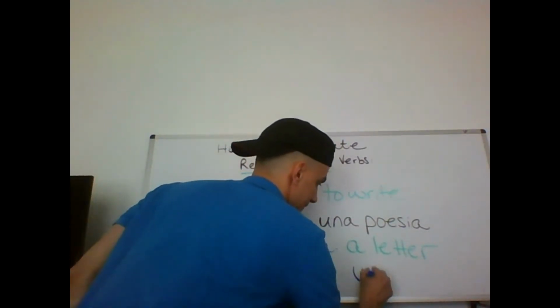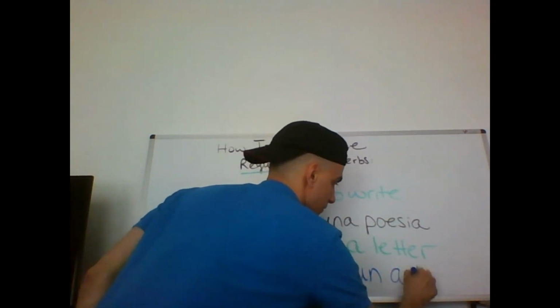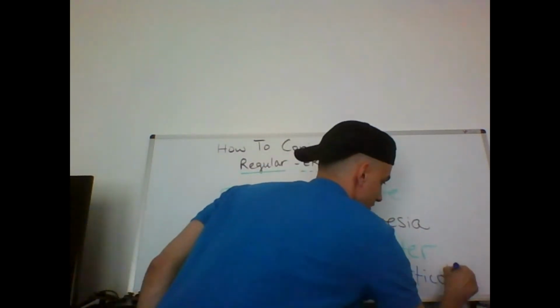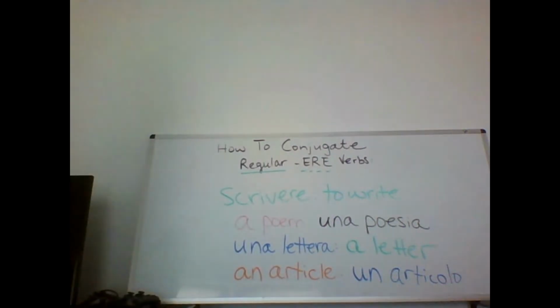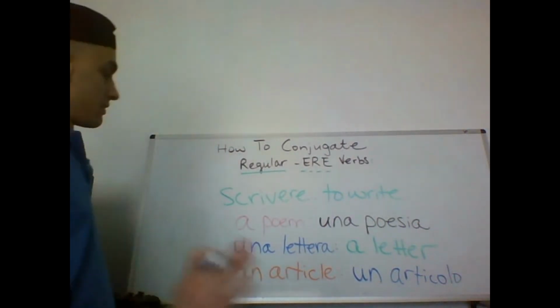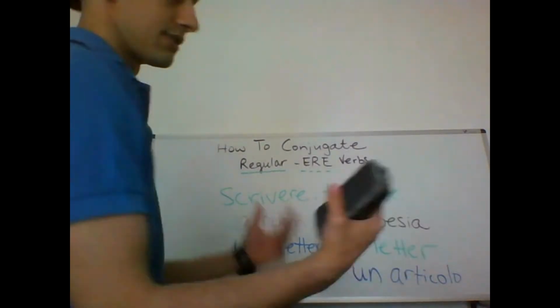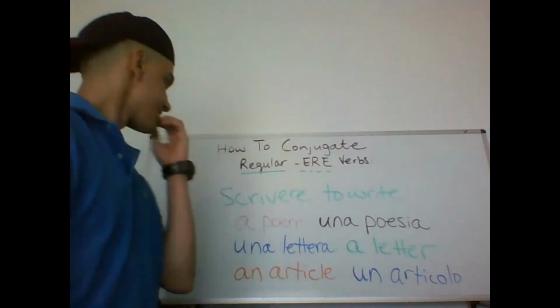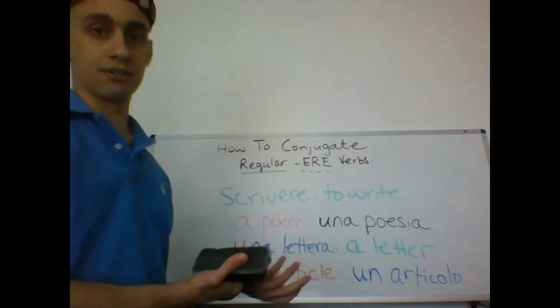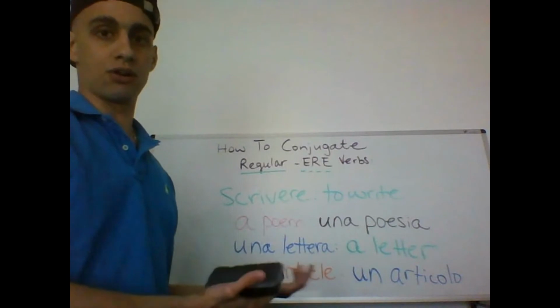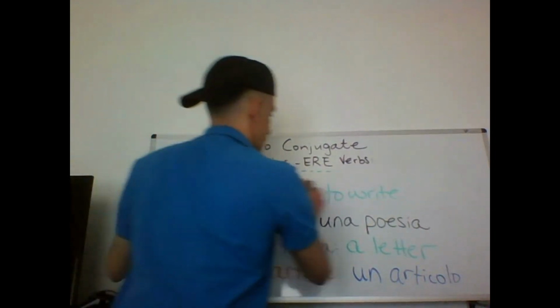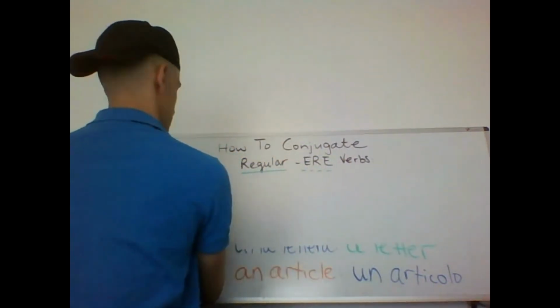Un articolo. Un articolo. An article. Very simple, very straightforward, to the point, and that pretty much covers how to conjugate regular ERE verbs. And that's just about it.